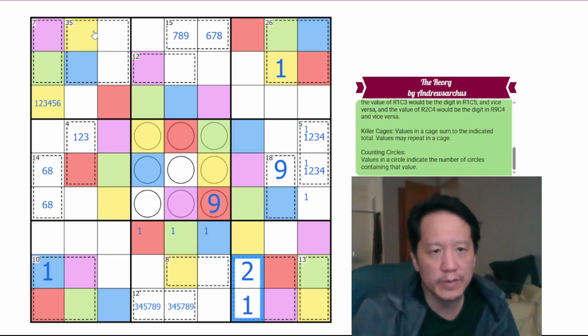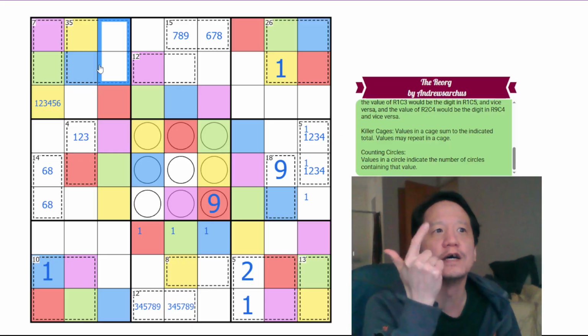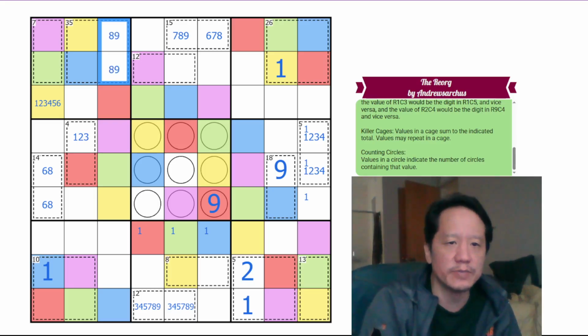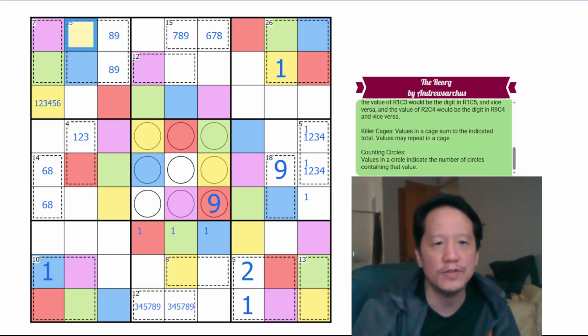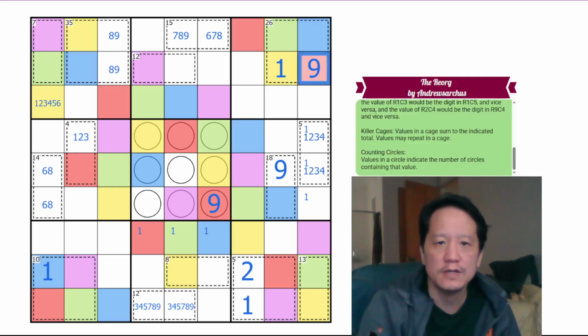Okay. What about this? To add up to 35, I think it has to be 8, 9, 9, and 9. Right, that seems right. So then this is 8, 9 as a pair. This is swapped with that, so this is 9. And this is swapped with this, so that's 9.